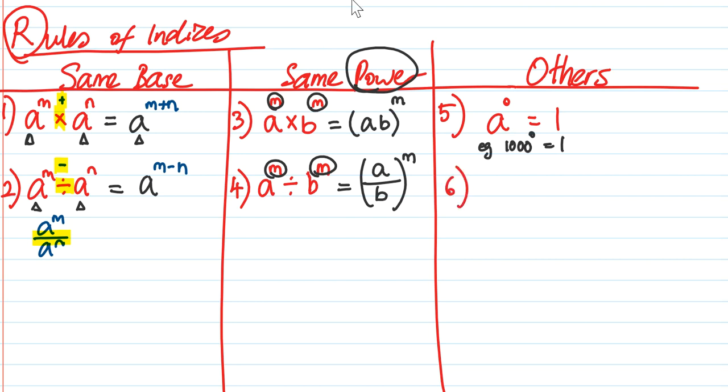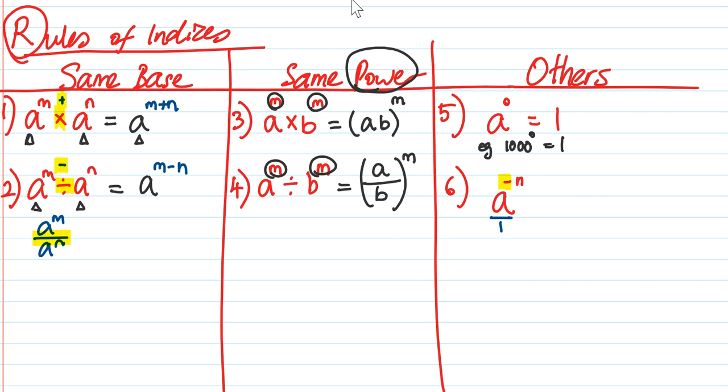Now the 6th rule of indices is if you have a power that is negative. Now if you have negative power, what you can do is to get rid of this negative, we are going to flip the base. Okay, negative power, flip the base.